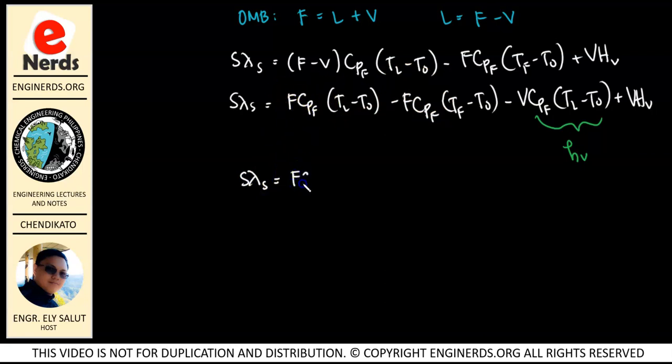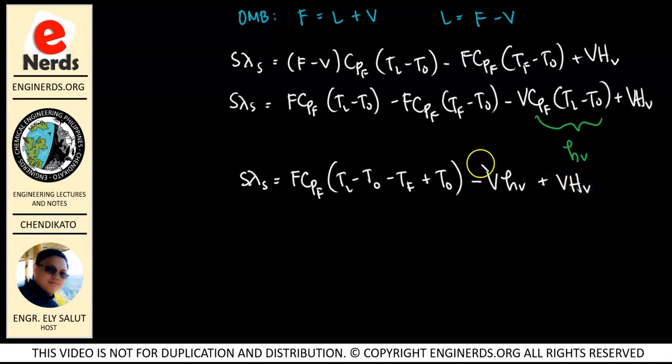So, I have FCPF. Then, I will have TL minus TO. Okay, and then, this is negative, no? So, I will have negative TF plus TO. Okay, then minus, so I'm just going to write this first, VHV plus VHV, right?